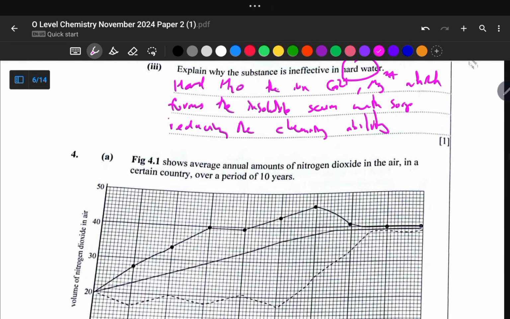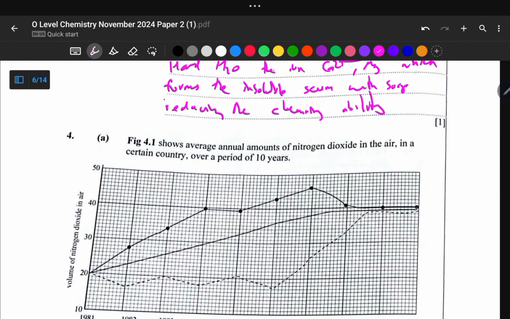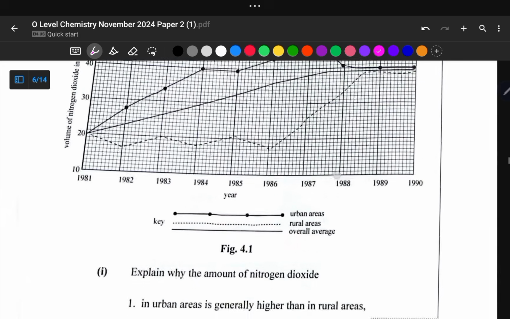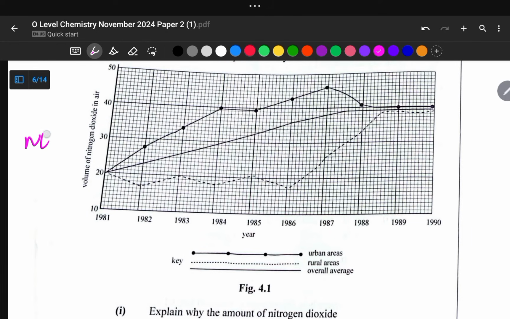We're now moving on to number 4. Number 4 says Fig 4.1 shows the annual amount of nitrogen dioxide in air in a certain country over a period of 10 years. And then this is the graph, volume of nitrogen dioxide in air against the number of years. So nitrogen dioxide is this formula.